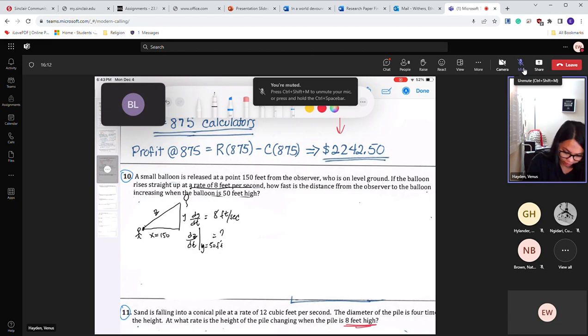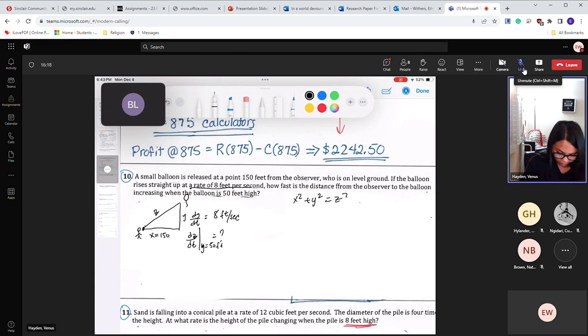Since this deals with a triangle, we're going to be using x squared plus y squared is equal to z squared. We have an x value, we have a y value, which we're going to plug in a little bit, and right now we're still missing a z value. Though we're looking for dz/dt, and we do have a value for dy/dt, we need to find the z value.